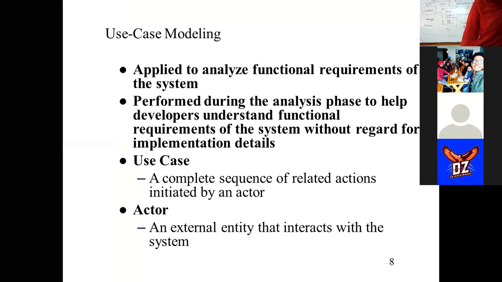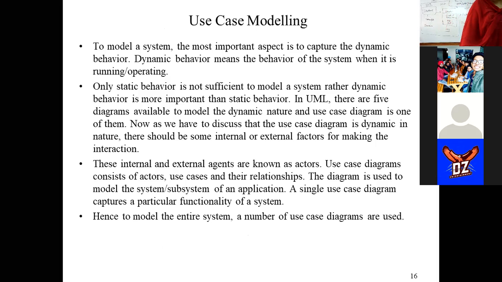A use case is a complete sequence of related actions initiated by an actor. An actor is a person that is using that particular software or problem, or is a part of that very problem. An actor is basically an external entity that interacts with the system. Use case modeling.